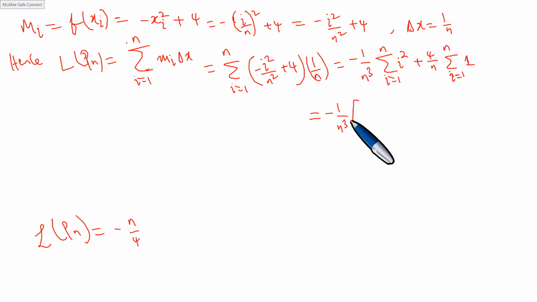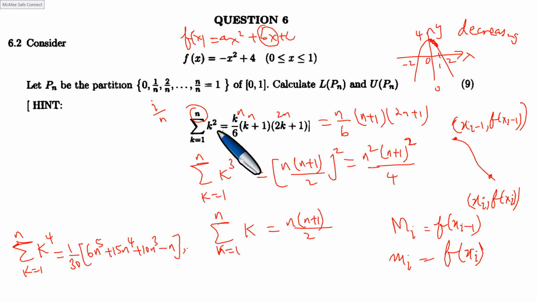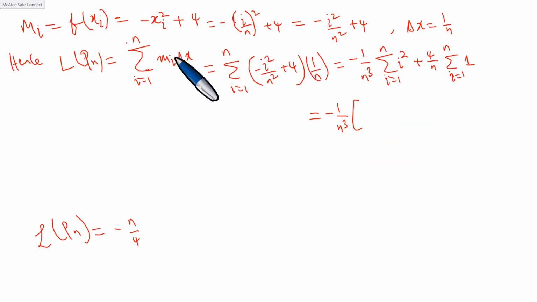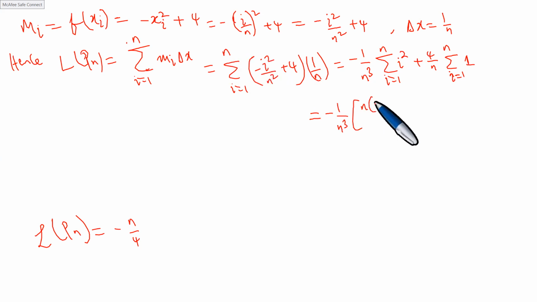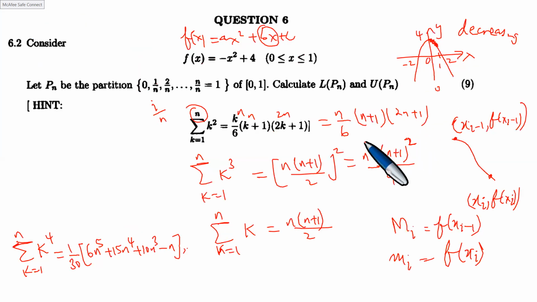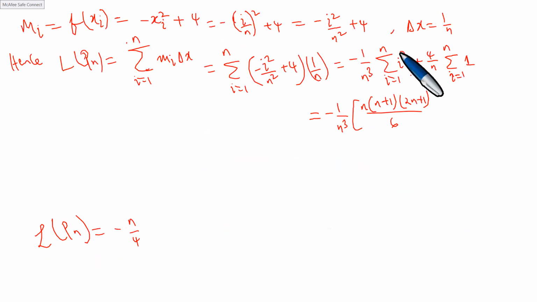So now we're going to have the sum of the squares, which is n over 6, n into n plus 1, into 2n plus 1, divided by 6. So plus 4 over n. Then here you have n by 1.